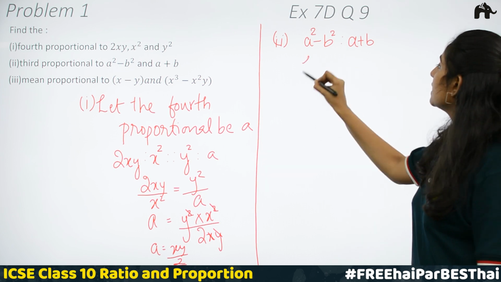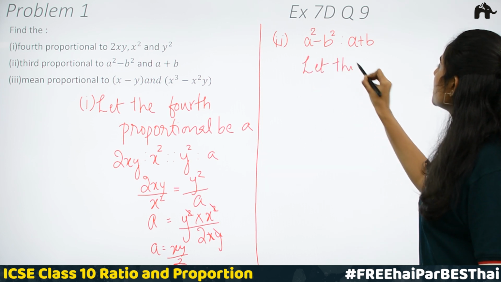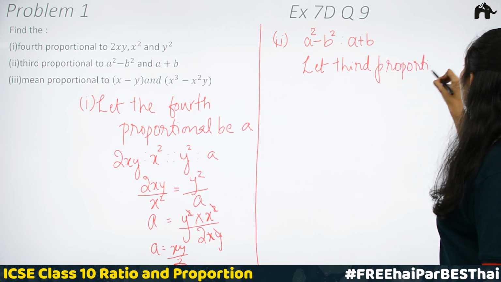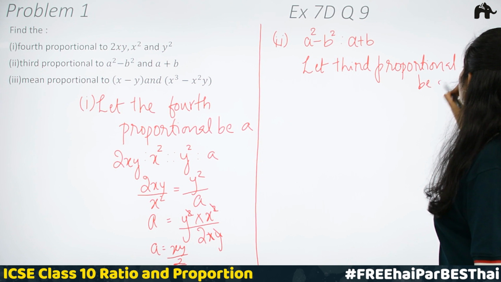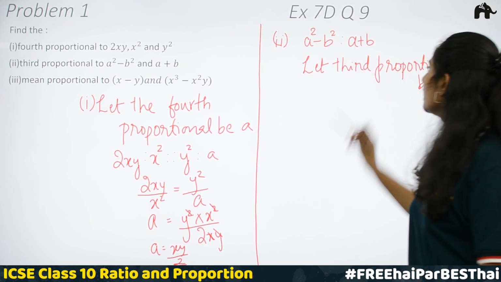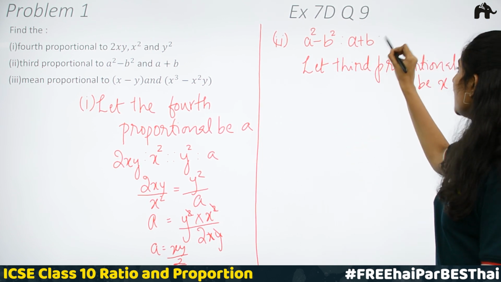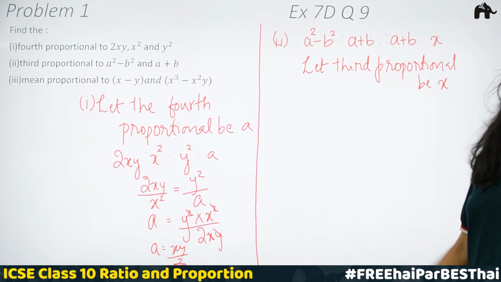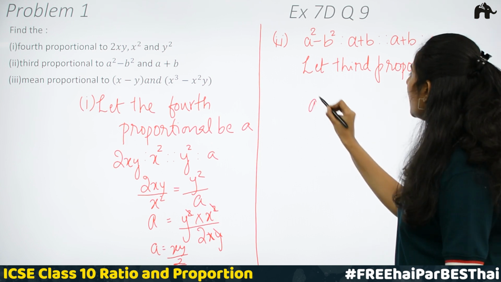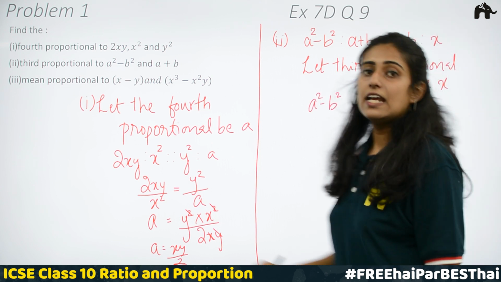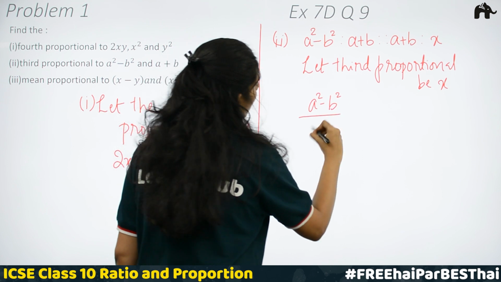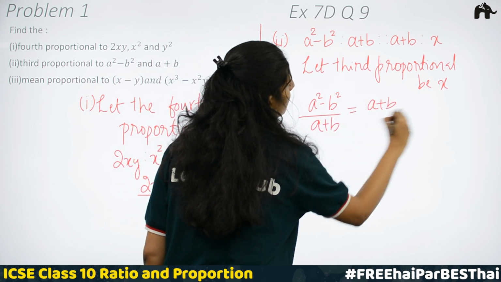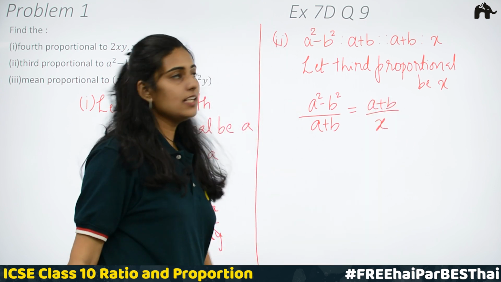Let the third proportional be x. This can be written as a square minus b square is to a plus b as a plus b is to x. Now, a square minus b square divided by a plus b is equal to a plus b divided by x. This is how we can write this.